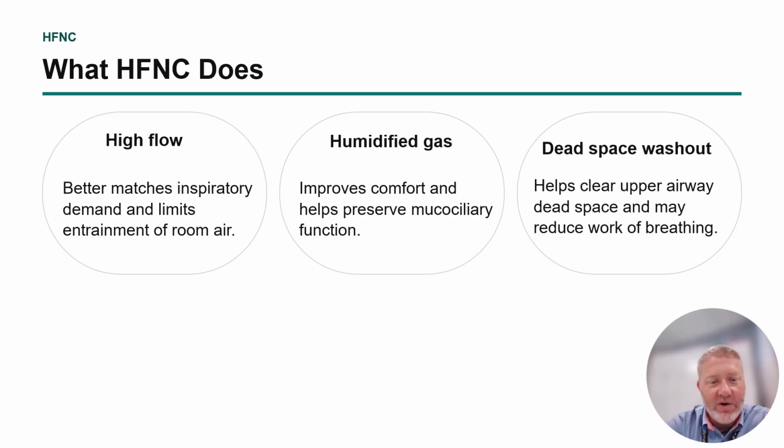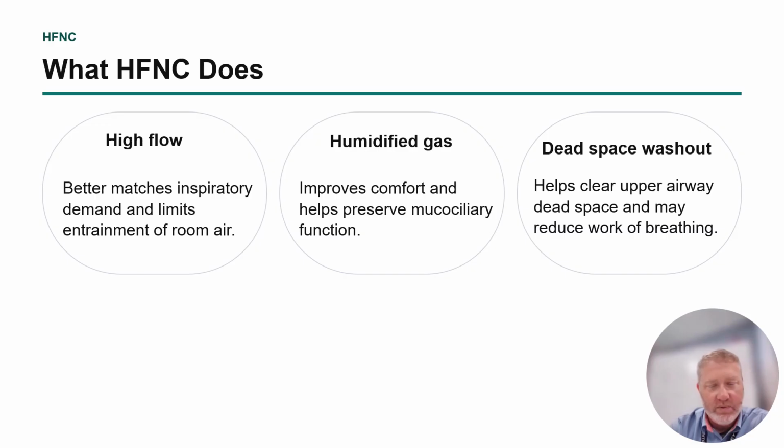What does a high flow nasal cannula do? High flow nasal cannulas primarily do three things. First, they deliver high flow rates that can match or exceed a patient's inspiratory demand, like we talked about, which reduces the amount of room air that's entrained and delivers a more accurate FiO2 reading.